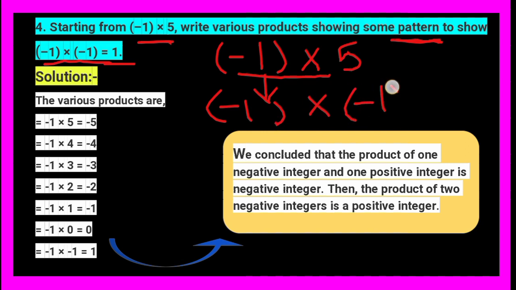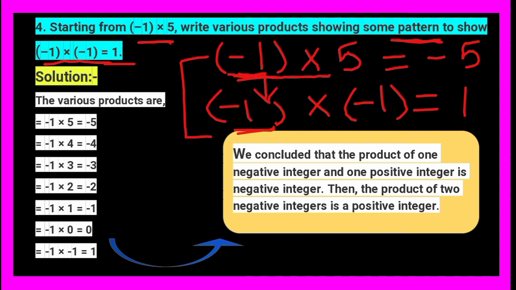Now observe both of these. First of all, in both these equations minus 1 is common, and the multiplication sign is also common, right? But this number is gradually decreased by 1, right?